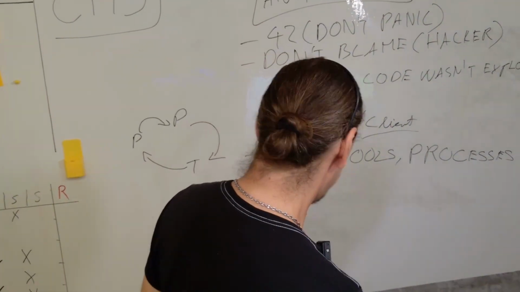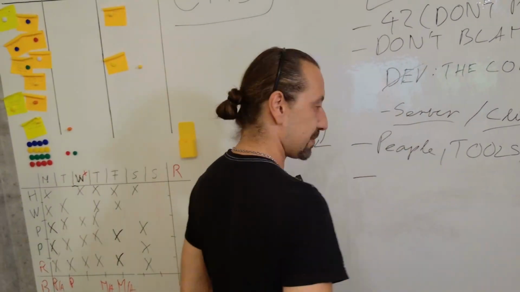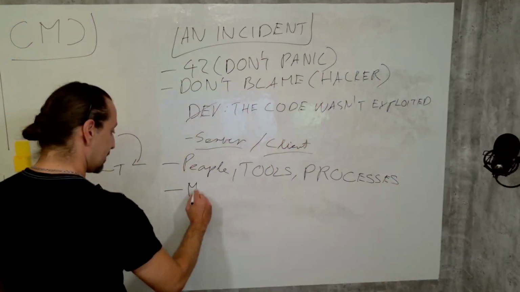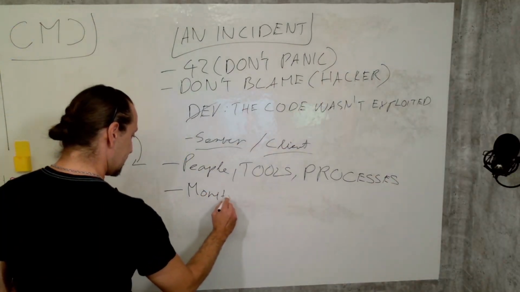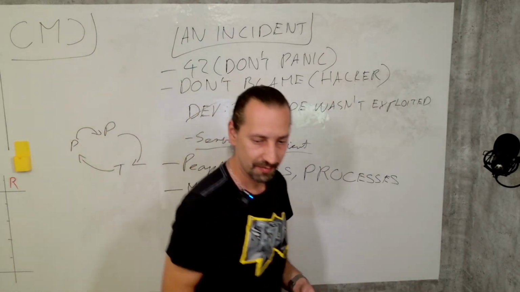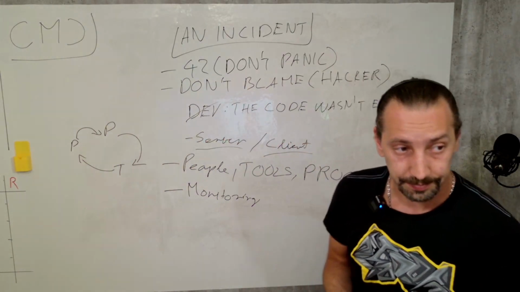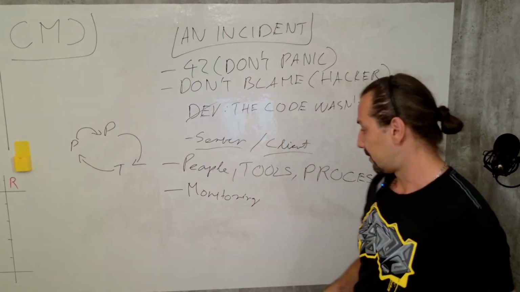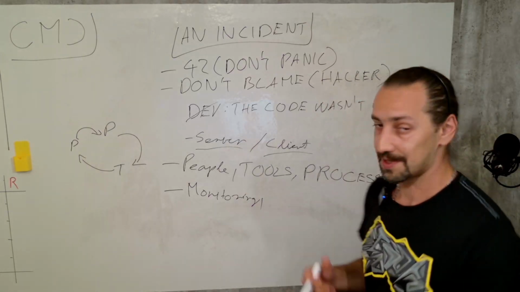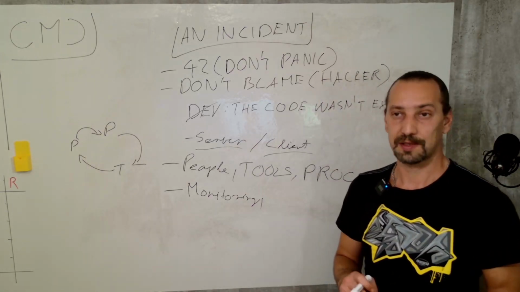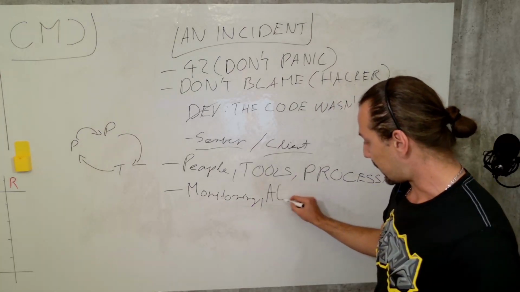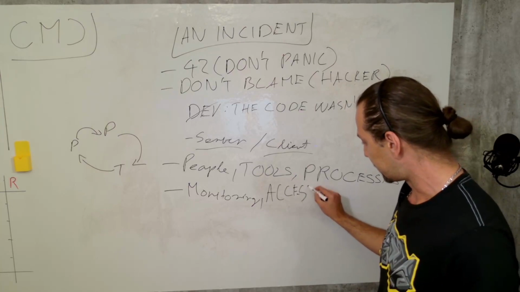And in my experience, when this happens, you should somehow invest in the monitoring. But not for CPU metrics, memory metrics, or similar, but to figure out the access control.